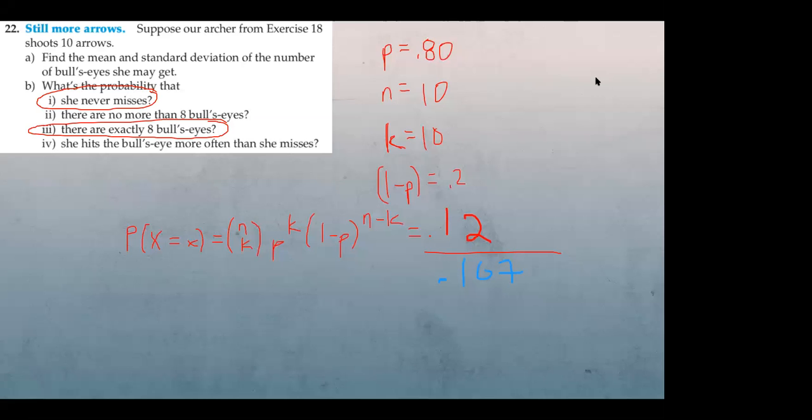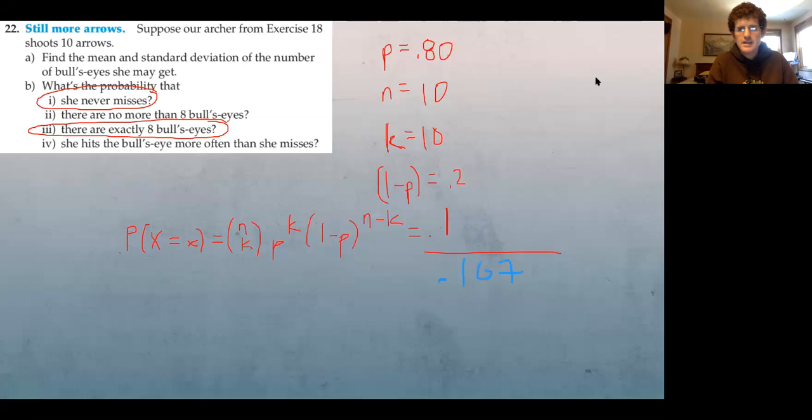All right, so any questions on that one? If you've already done that one, you can try part 3 too. So the same thing equals blank. And as soon as you've figured out the probability of getting exactly 8 bullseyes, then put that number in.